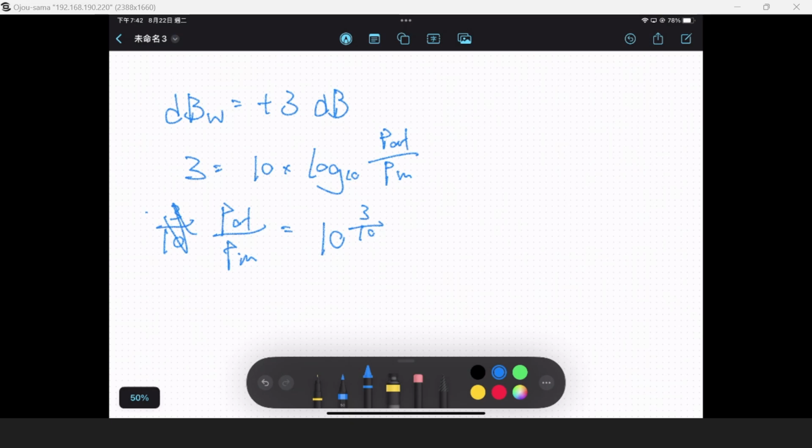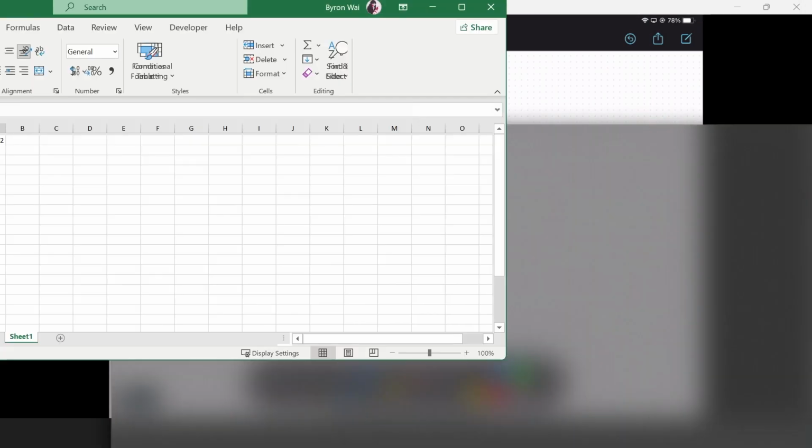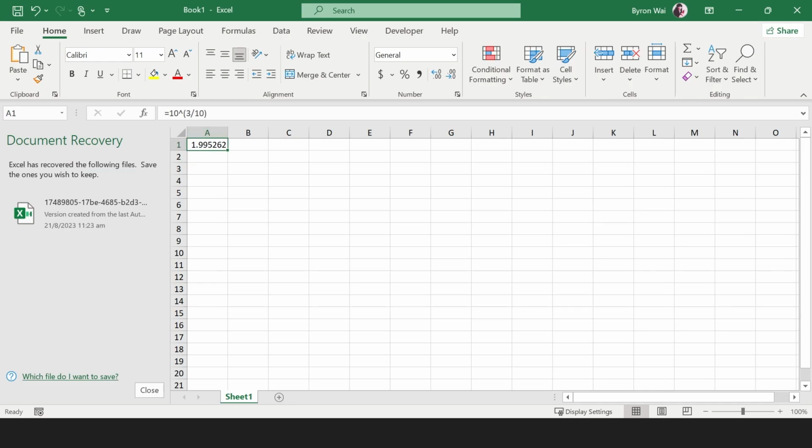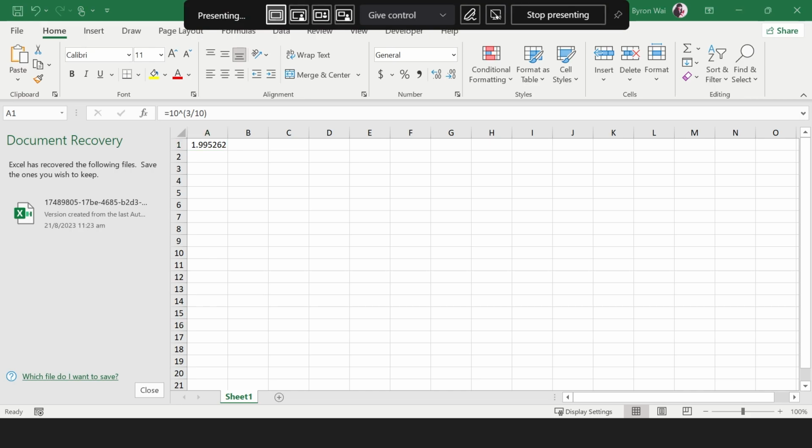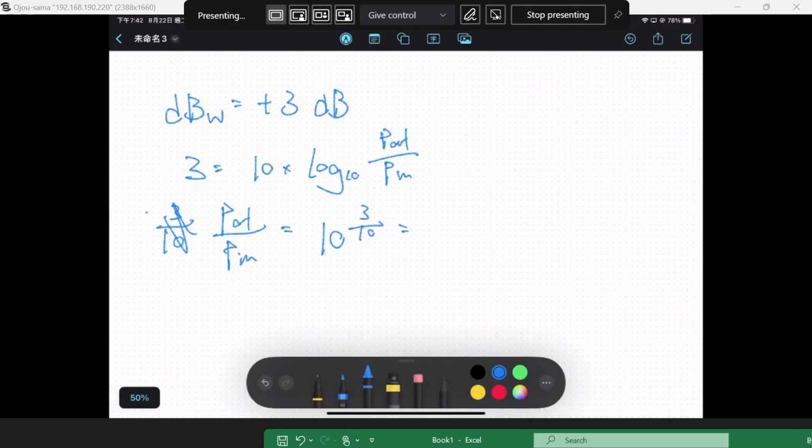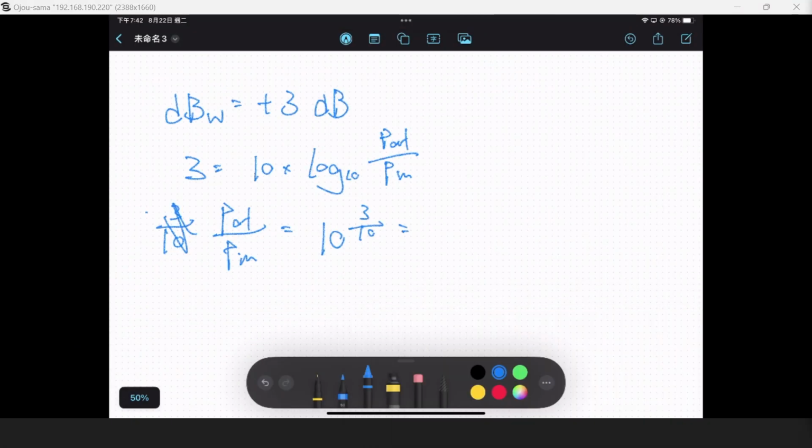10 to the power 3 over 10. Yes. So this number is around 2, okay? This number is about 2.